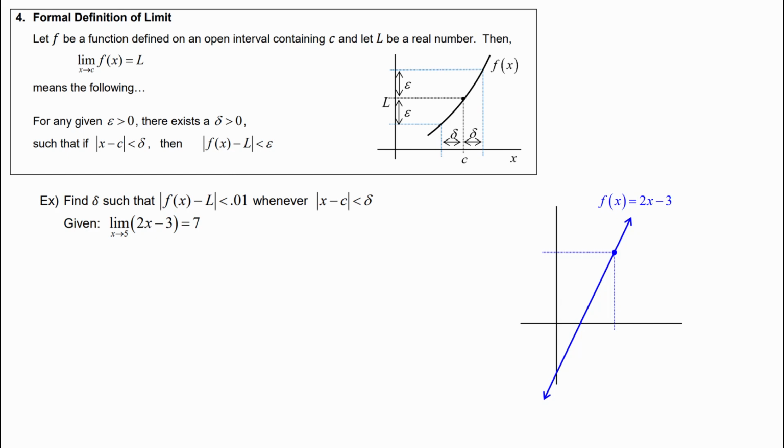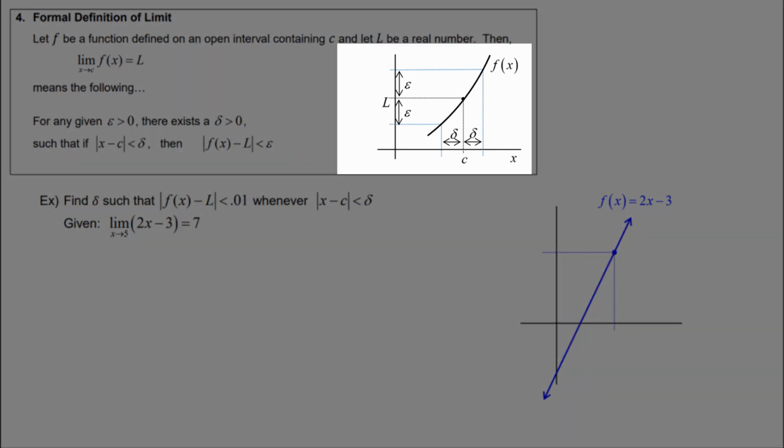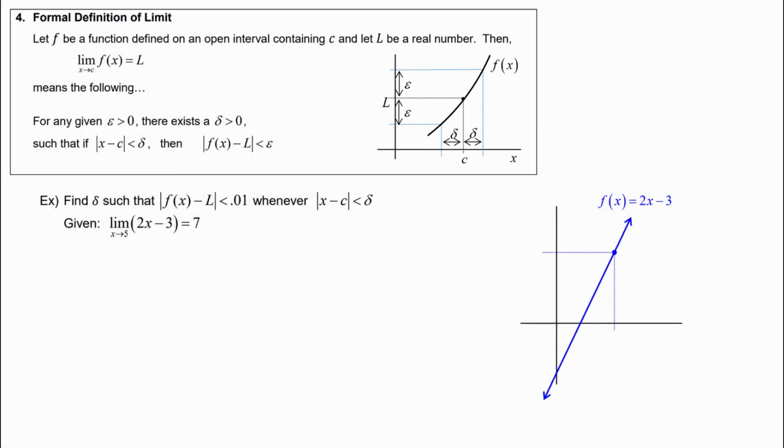Are you guys ready? Here is the formal definition of a limit. Let f be a function defined on an open interval containing c, and let L be a real number. Then the limit as x approaches c of f of x equals L means the following.